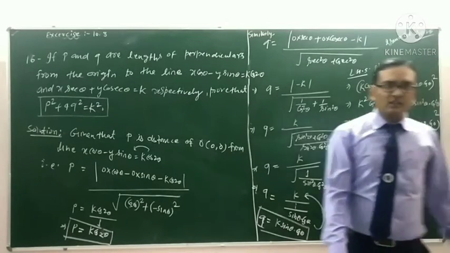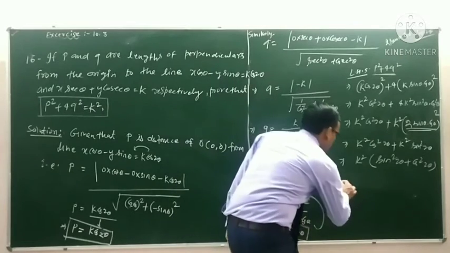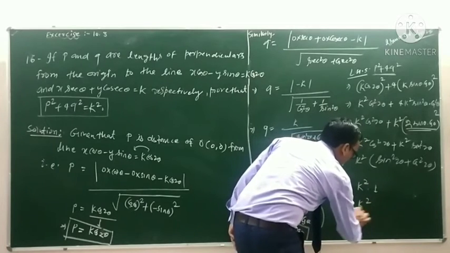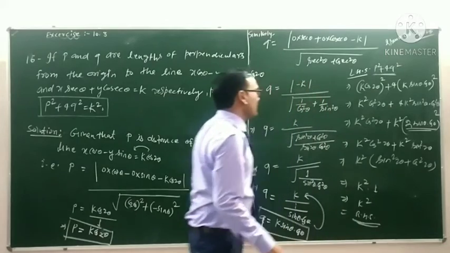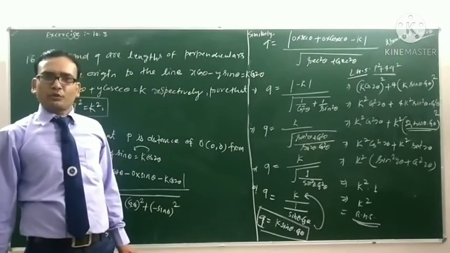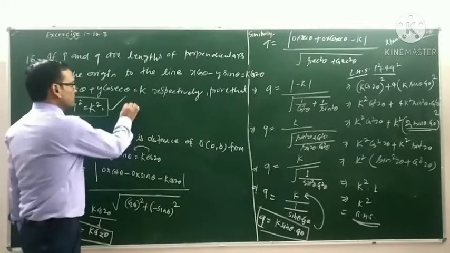Also we know that sin square theta plus cos square theta equal to 1. This implies that k square multiply 1. This implies that k square, which is the right hand side, that means p square plus 4 q square equal to k square. Hence proved.